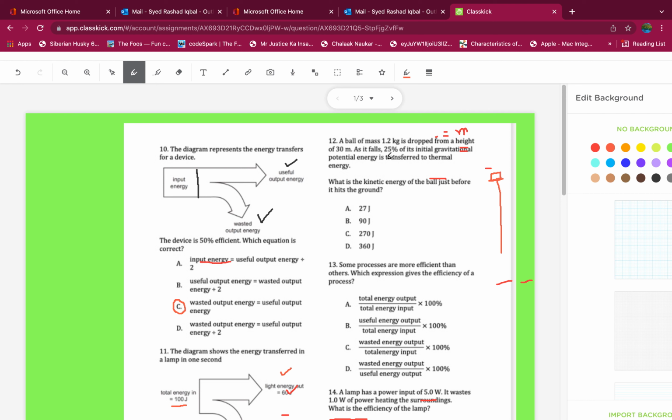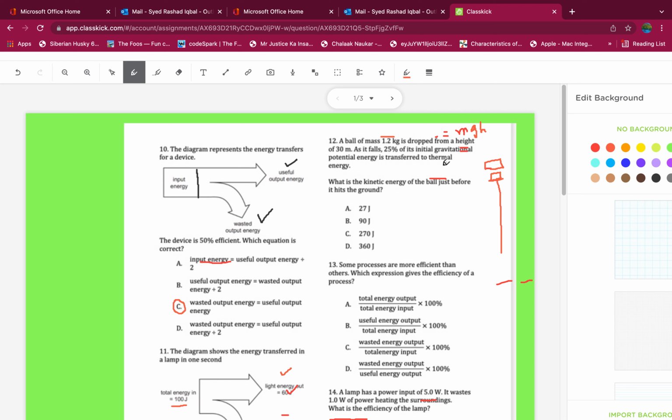As it falls, 25% of its initial gravitational potential energy is transferred to thermal energy. Whatever the potential energy it has at this height, we can find using the mgh equation. You have mass, height 30 meters, and g is 10 newton per kg, or free fall acceleration is 10 meters per second squared.